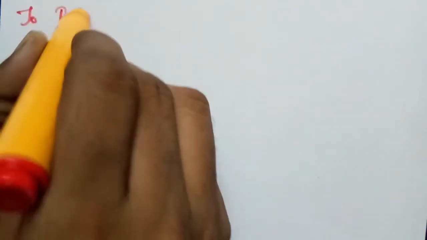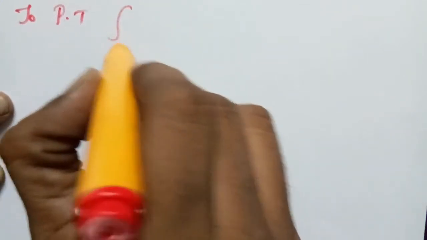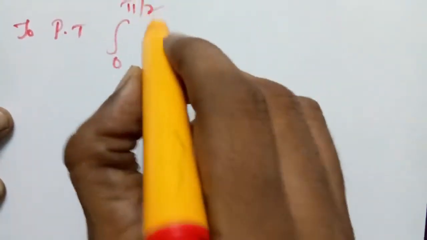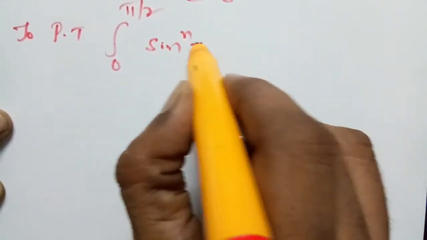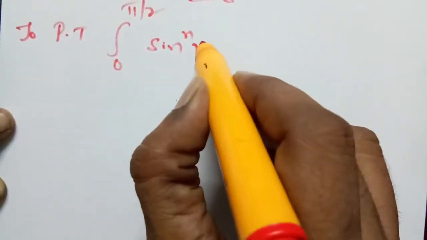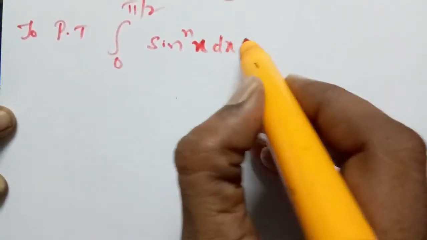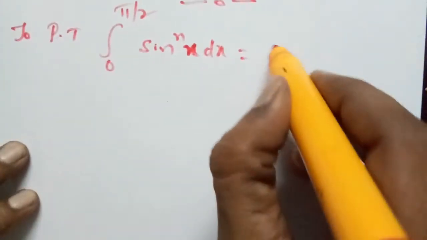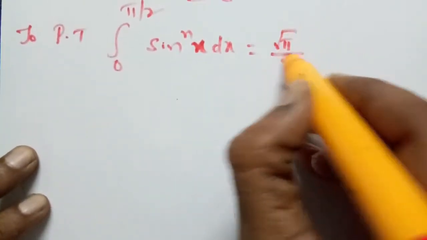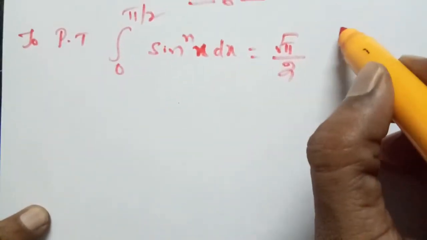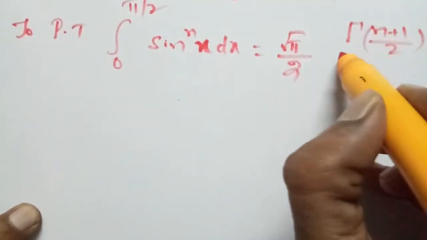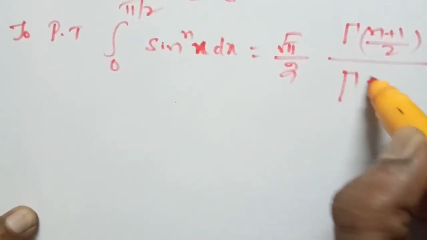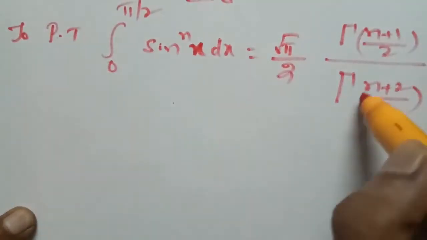Next result, to prove that integral 0 to pi by 2 sine to the power of nx dx is equal to square root of pi by 2 into gamma (n plus 1) by 2 by gamma (n plus 2) by 2.